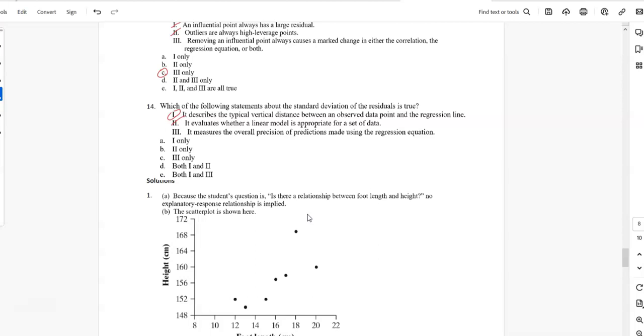It measures the overall precision of predictions made by using the regression equation. That actually is the concept behind it. Sometimes we call it average or typical error. So yes, it is how far they are away from those predictions, how good or bad those predictions are. So 1 and 3 would be the answers there.